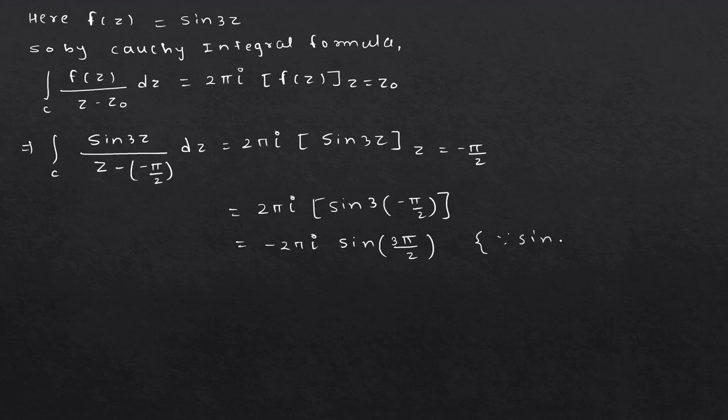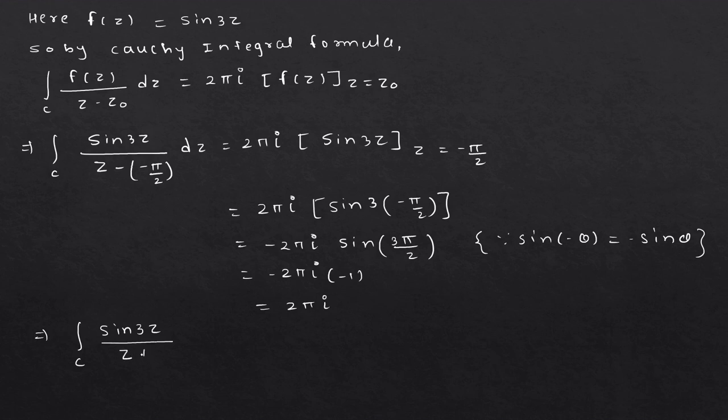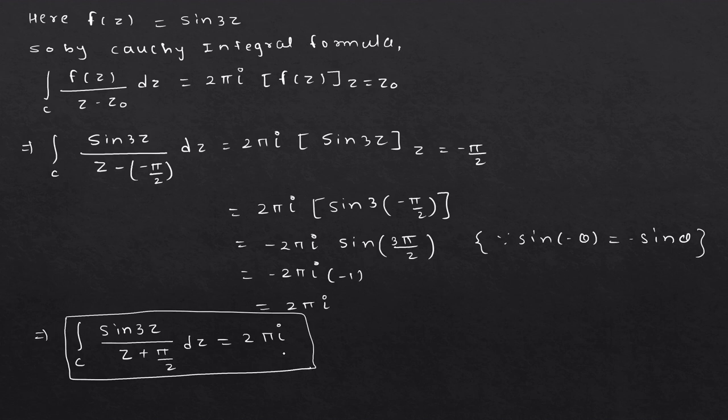Since sine 3 pi by 2 is minus 1, this is 2 pi I. So we get the answer: the integration over C of sine 3z upon z plus pi by 2 dz is equals to 2 pi I. So 2 pi I is the answer for this integration. I hope you understood. Thank you.